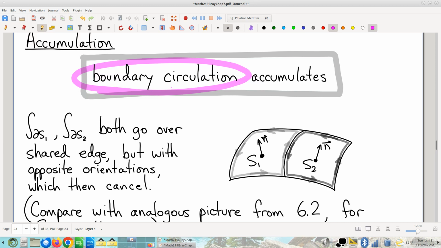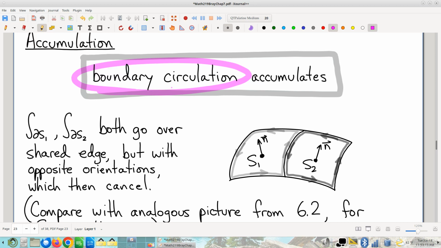Green's theorem is about the accumulation of boundary circulation, isn't it? It's just over a two-dimensional region in the plane. Now we're looking at a two-dimensional surface sitting up in space, right? So a slightly different geometric context, but it's still a two-dimensional thing with a one-dimensional boundary curve around which we can talk about boundary circulation.